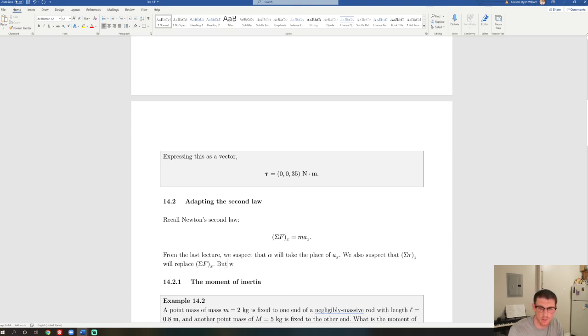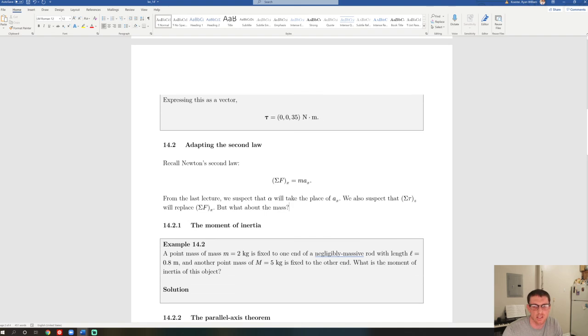And so that really just leaves the mass. Let me just say, but what about the mass? The way that we replace the mass is with this idea of the moment of inertia.